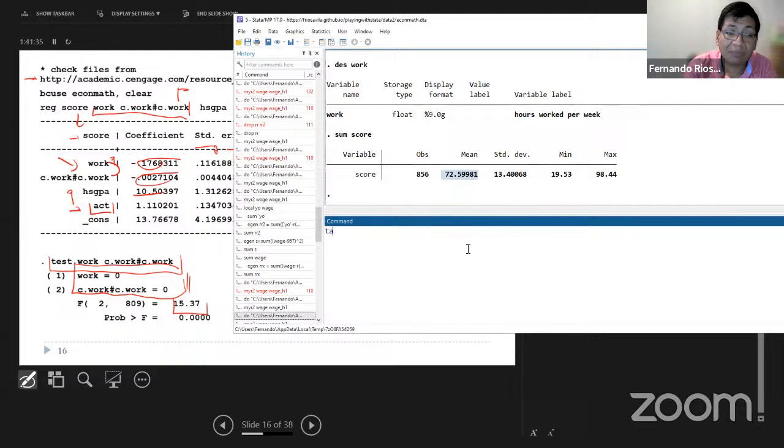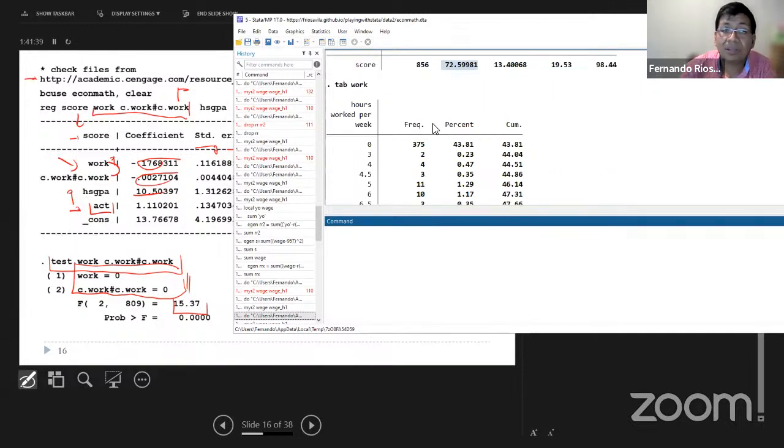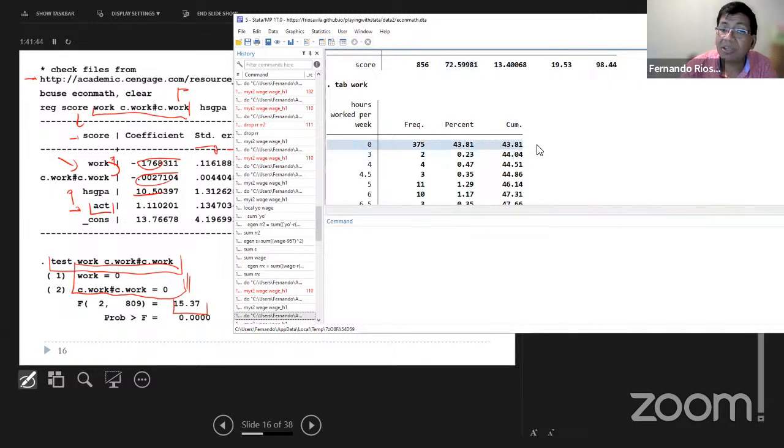However, when you compare it, and let me see if my guess is correct, keep in mind that almost 43 people in this sample do no work.